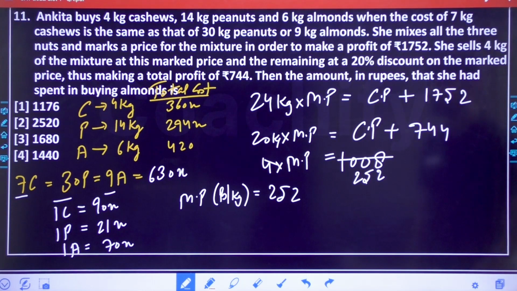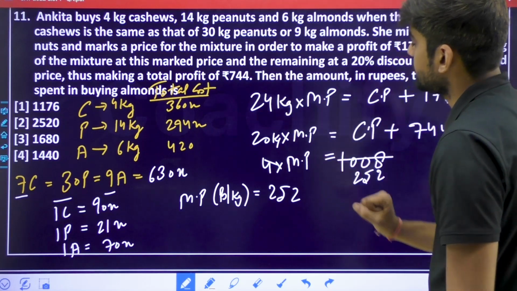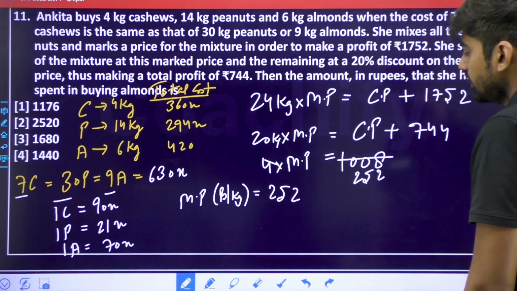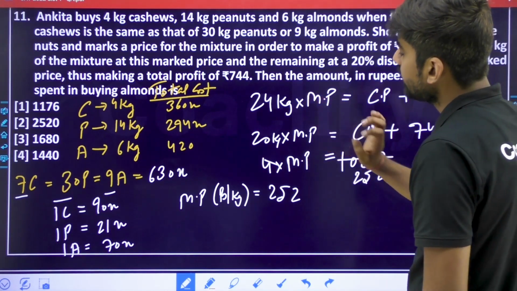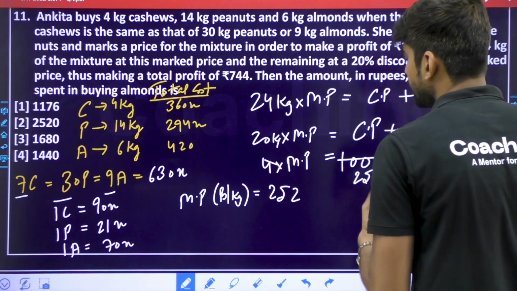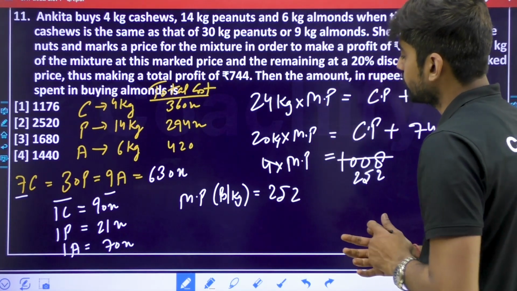Now the question is asking you to find out the amount in rupees that she had spent in buying almonds. Okay, perfect. So now this was my first case, when I was selling the entire quantity at mark price. So if I'm selling my entire quantity at mark price, I can replace the MP with 252.